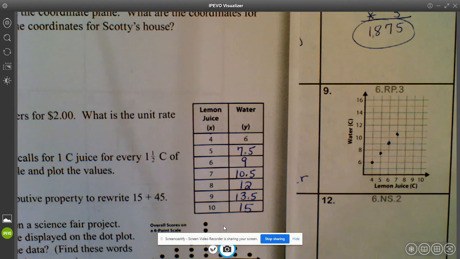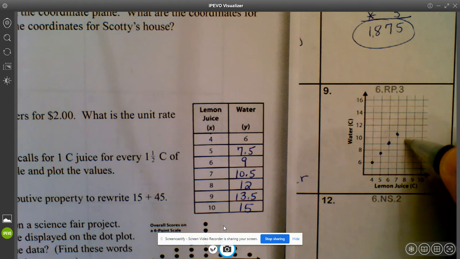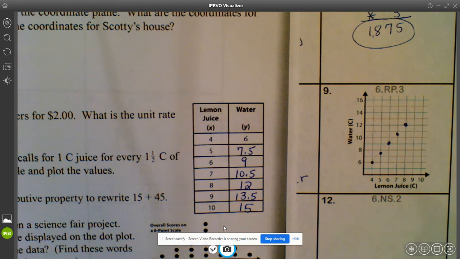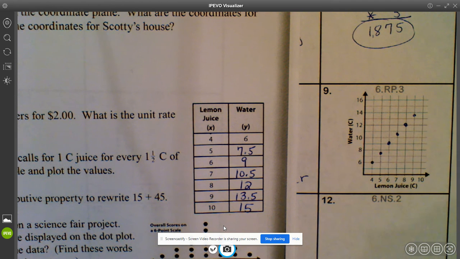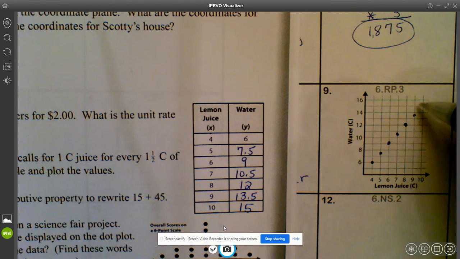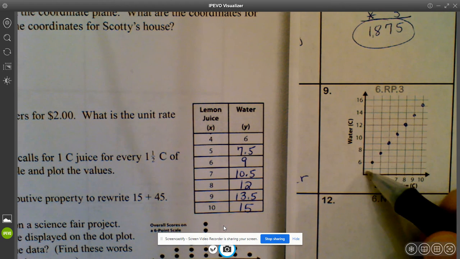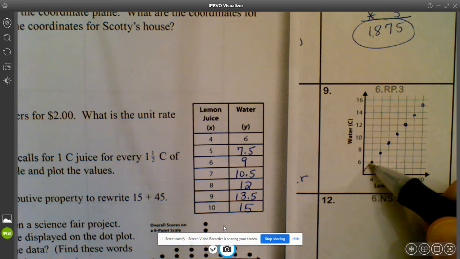My eyes are not the best. And then 8, 12, so 8, 12, 9, 13.5. So here's 12, 13, there's 14, so 13.5 right here. And then 10, 15, which would be right here. And you should have your straight line right there.